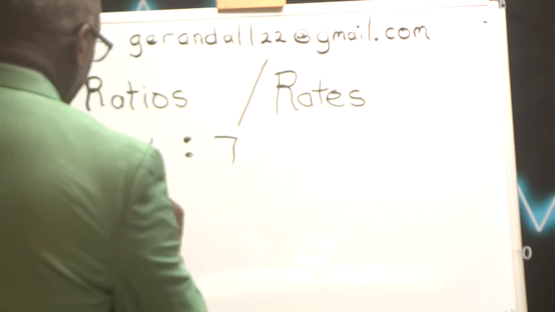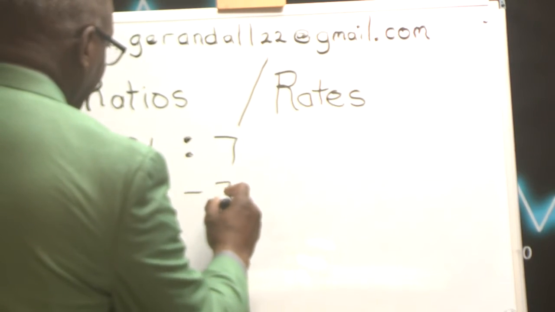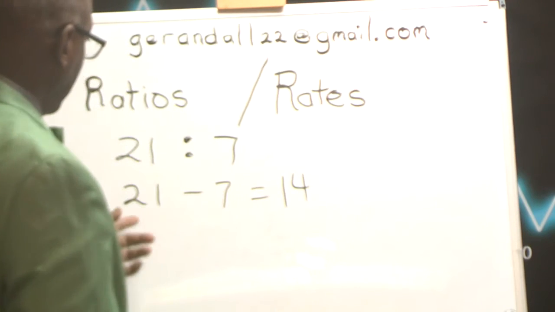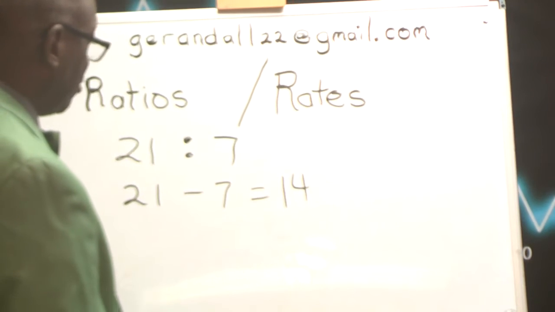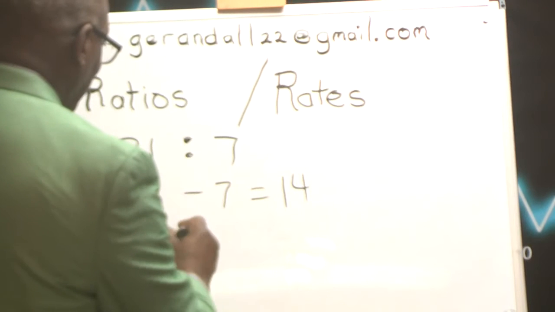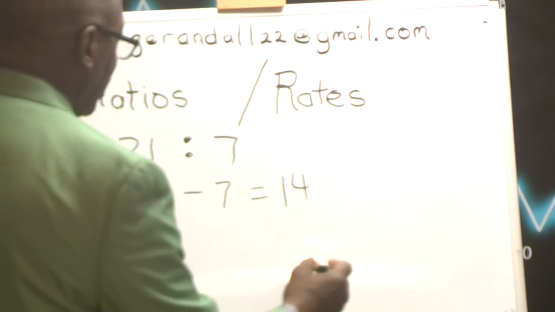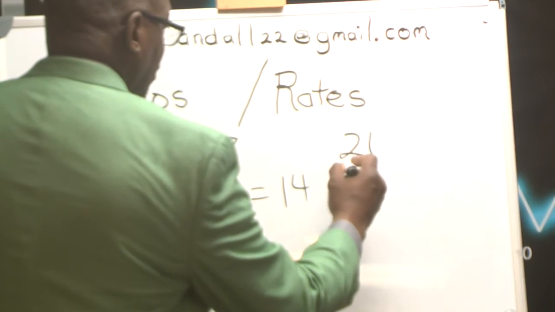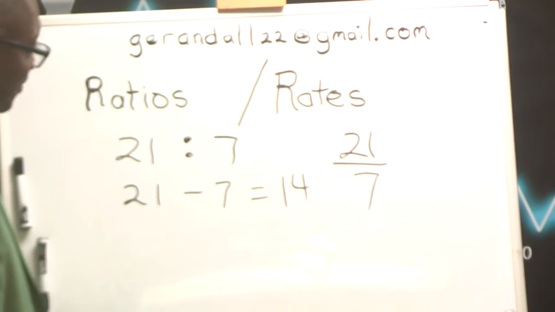We could say by subtraction, 21 subtract 7 equals 14, and we say that Maryland beat Tech by 14 points. Or we say 21 to 7, and the way we write that is 21 over 7. Again, a fraction.